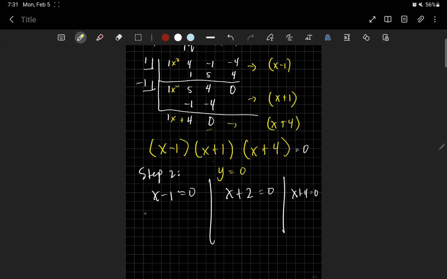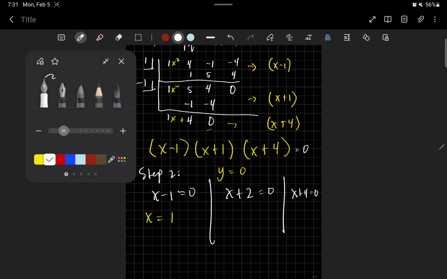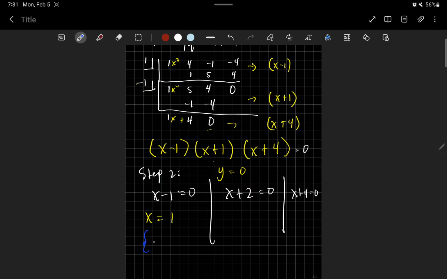So, x minus 1 is equal to 0, your x is equal to positive 1. Our ordered pair here is positive 1, 0.